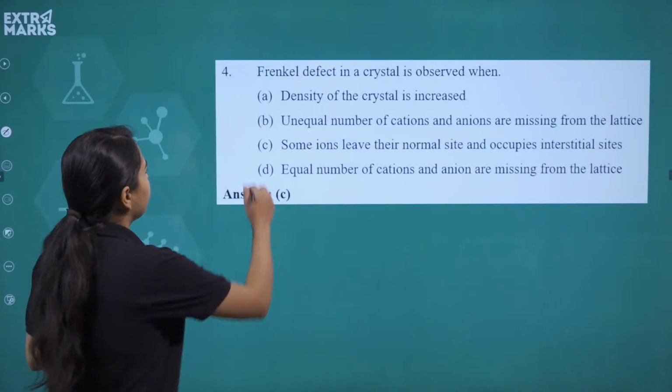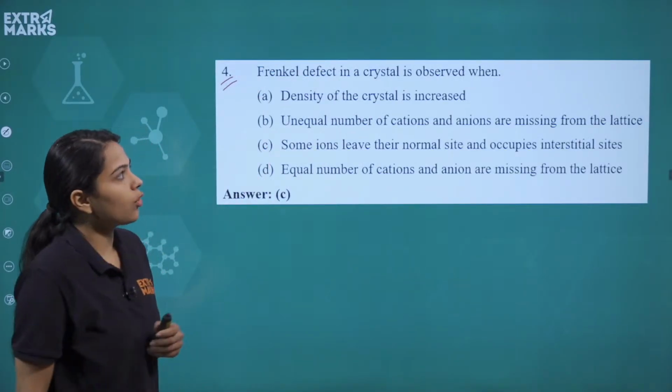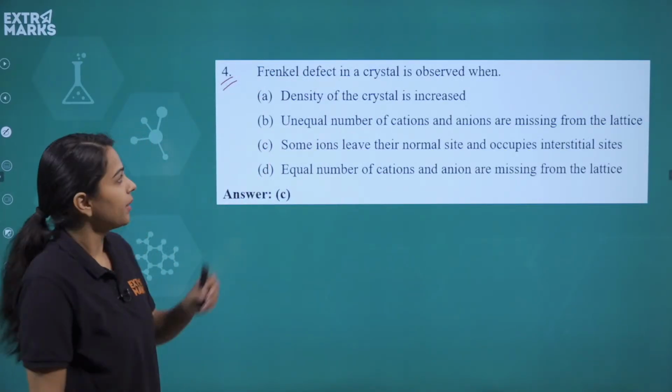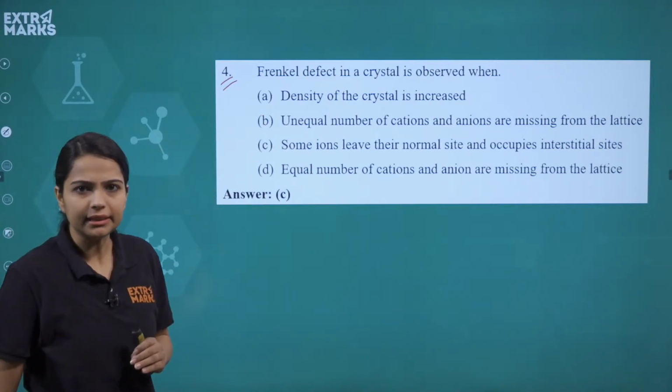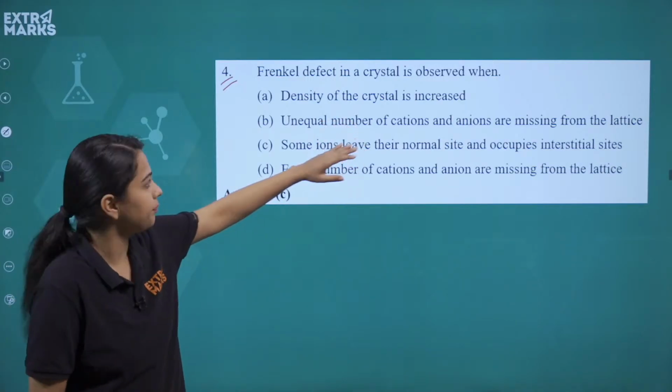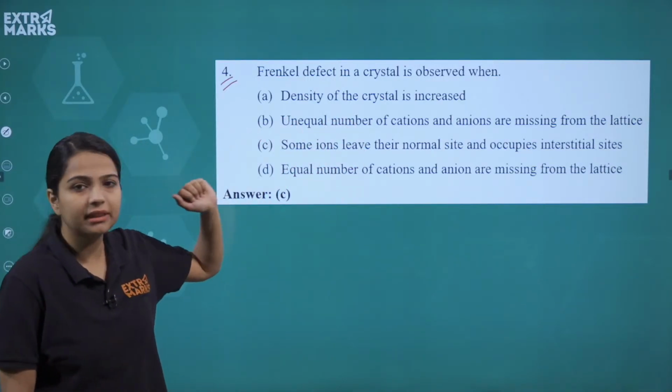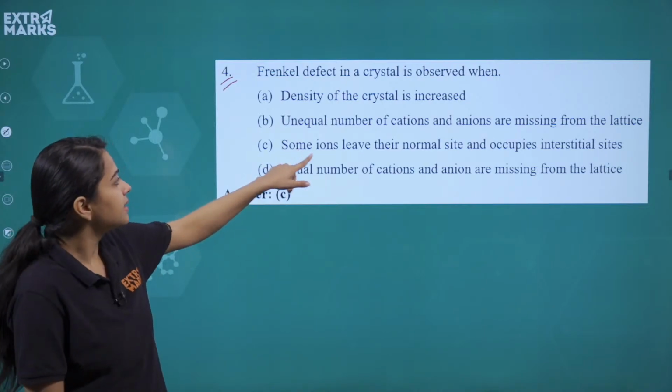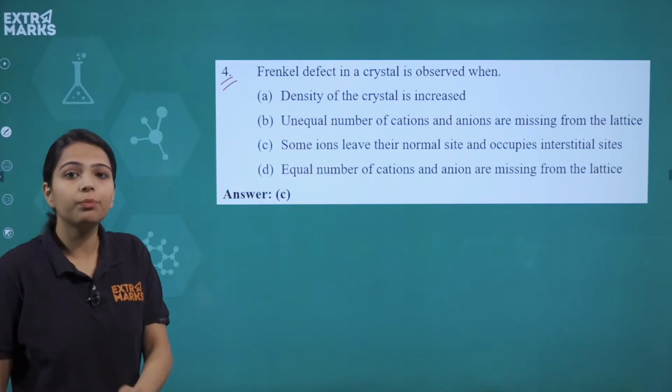Next, number 4, Frenkel defect in a crystal is observed when what? Density of the crystal is increased. Density of the crystal does not increase in Frenkel defect. It remains same. Unequal number of cations and anions are missing. No, that is also not right. Some ions leave their normal site and occupy the interstitial site.